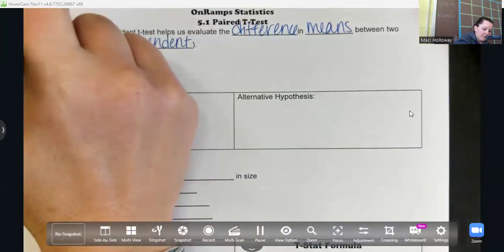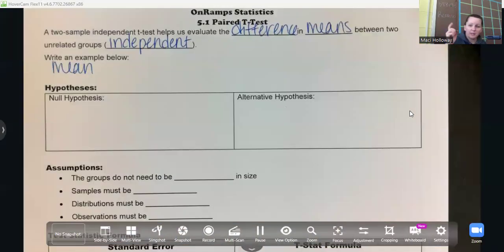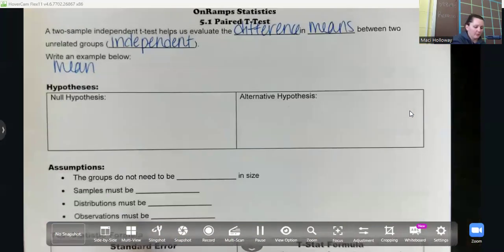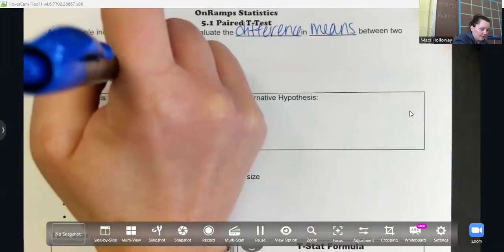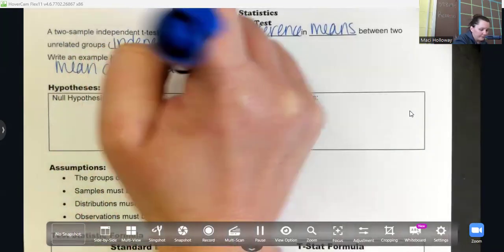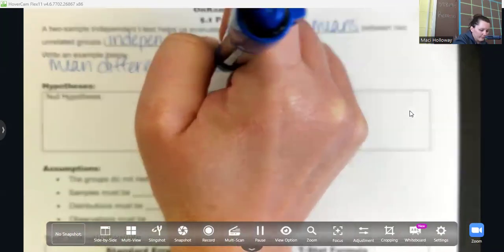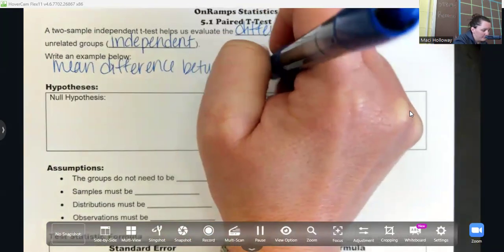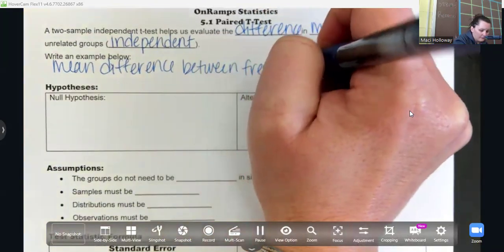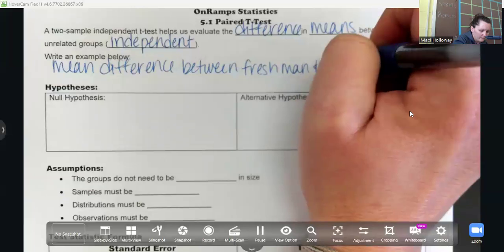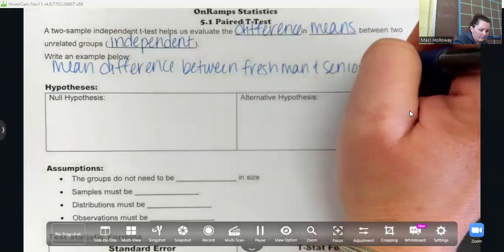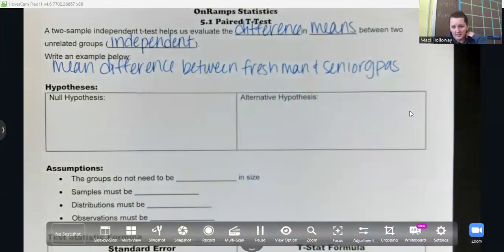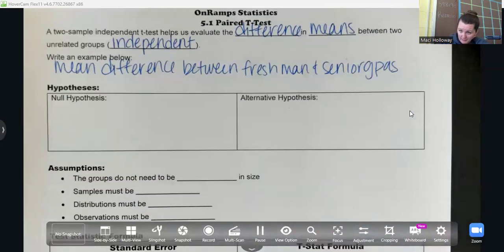Here's one example, and then I want you to come up with your own example: the mean difference in grades between freshman and senior GPAs. So we're looking to see if there is a difference in the means.